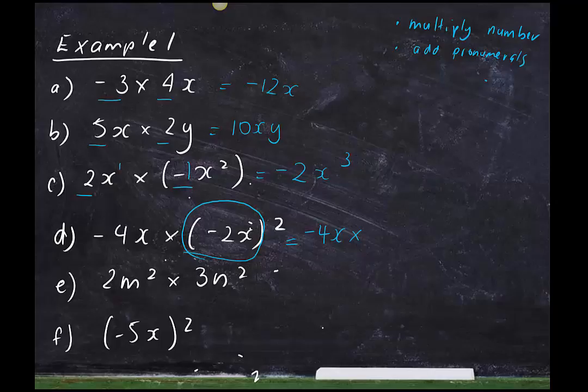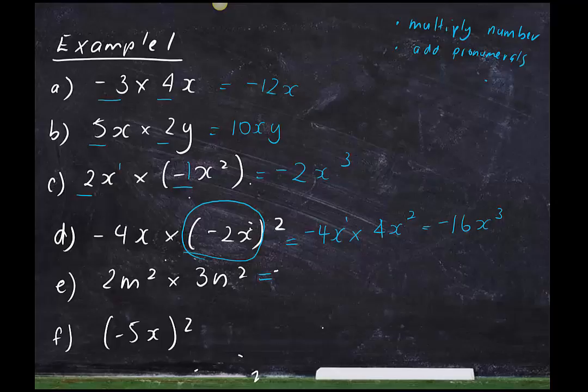It's going to give us positive 4x squared because we square the x as well. So now we're going to times minus 4 times 4 gives us minus 16. And x times x squared gives us x to the 3. Okay, we're just adding our indices. Remember that one is invisible.